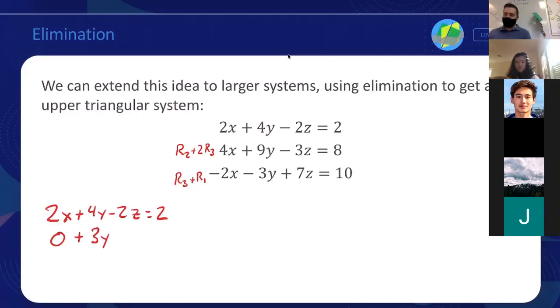You don't have to write the 0; I'm just putting it there for right now. Then negative 3z plus 2 times 7z, so negative 3z plus 14z is 11z. And don't forget it needs to happen to the whole equation, so I'll also have 8 plus 2 times 10, so 28.